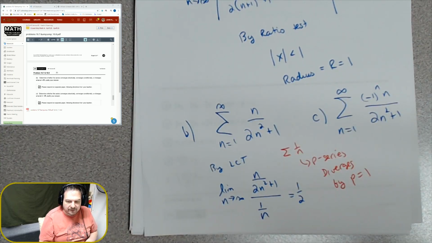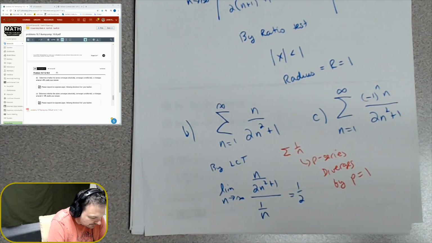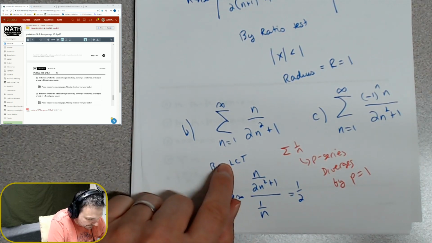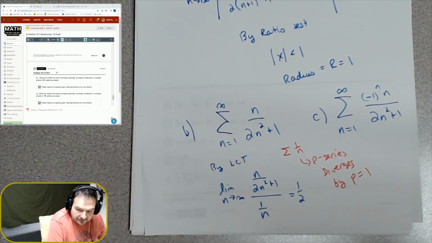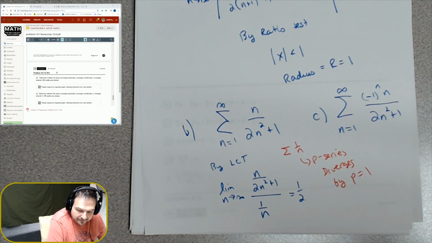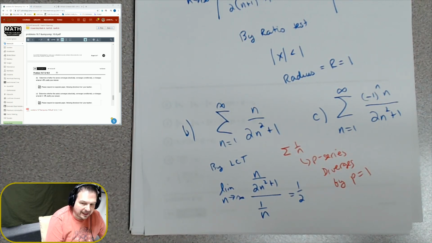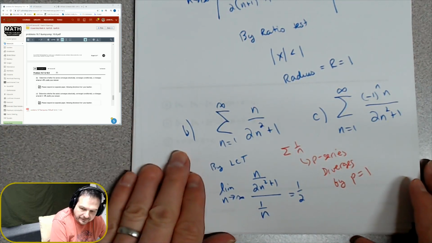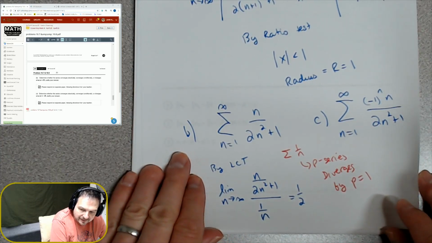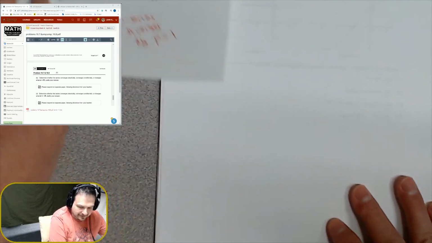That's a p-series, so that diverges. p is equal to 1 right there. So by the limit comparison test, we know this diverges because they do the same thing. How's that? Everybody happy there? That was B. We'll leave that right there off to the side.